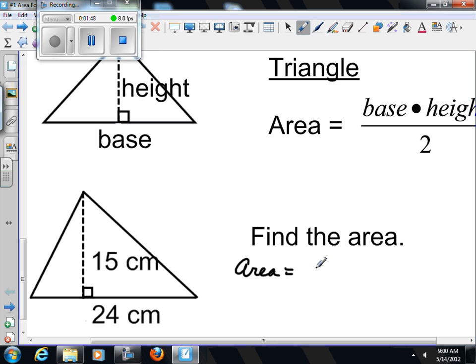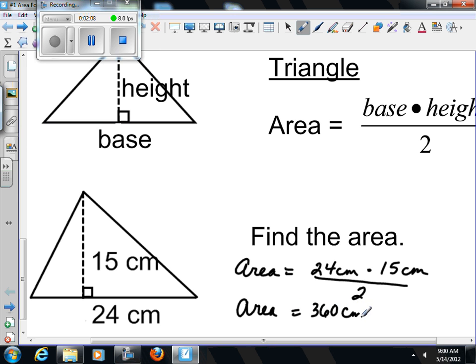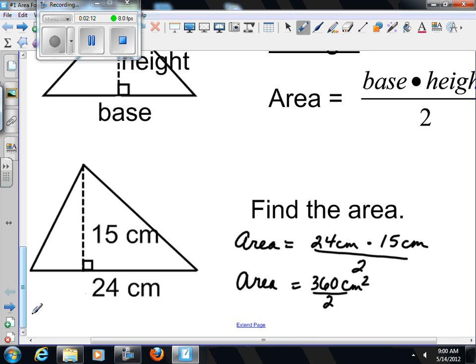We have the base is 24 centimeters times the height of 15 centimeters, all divided by 2. So 24 times 15 gives us 360 square centimeters divided by 2, which gives us 180 square centimeters.